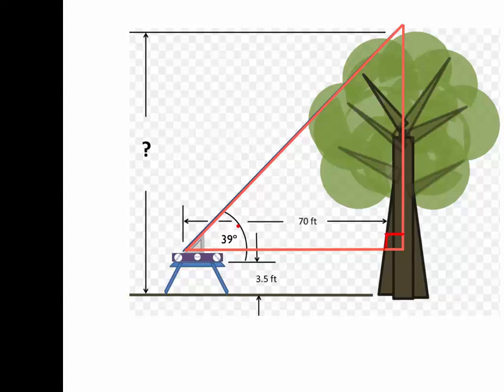This is the angle that defines our opposite, adjacent, and hypotenuse. What else do we know? Keep going. She's saying this right here is the adjacent side, and it's 70 feet.